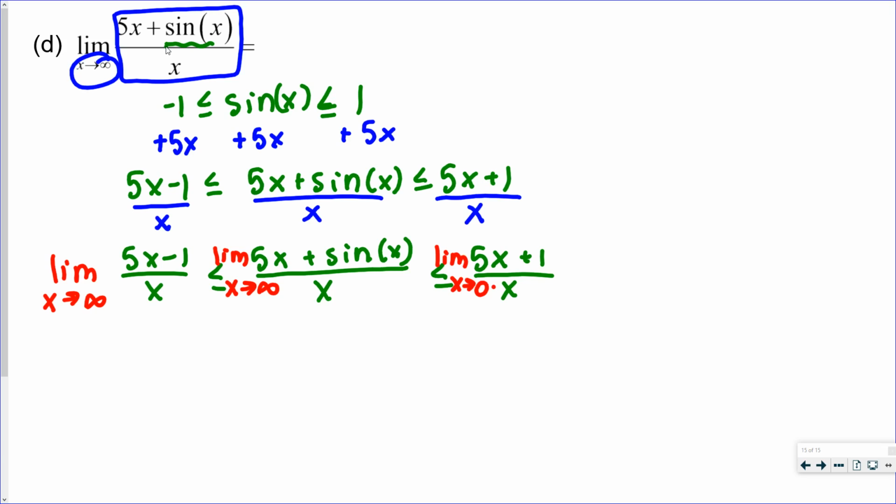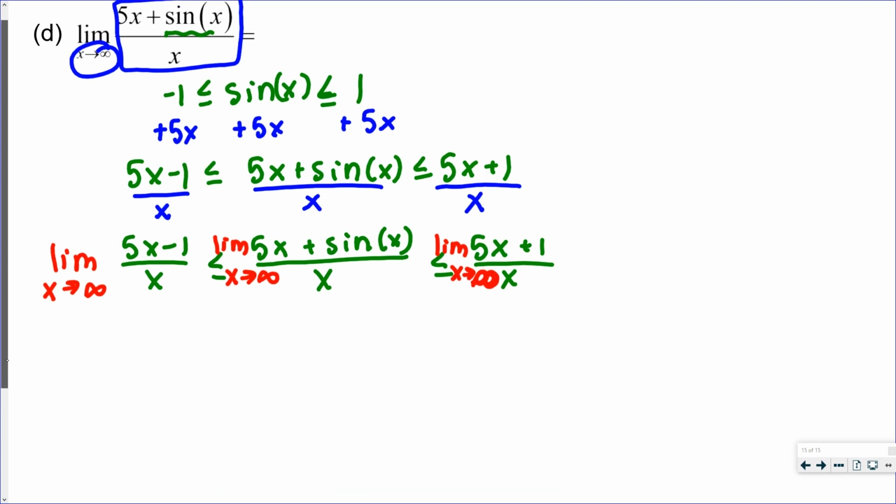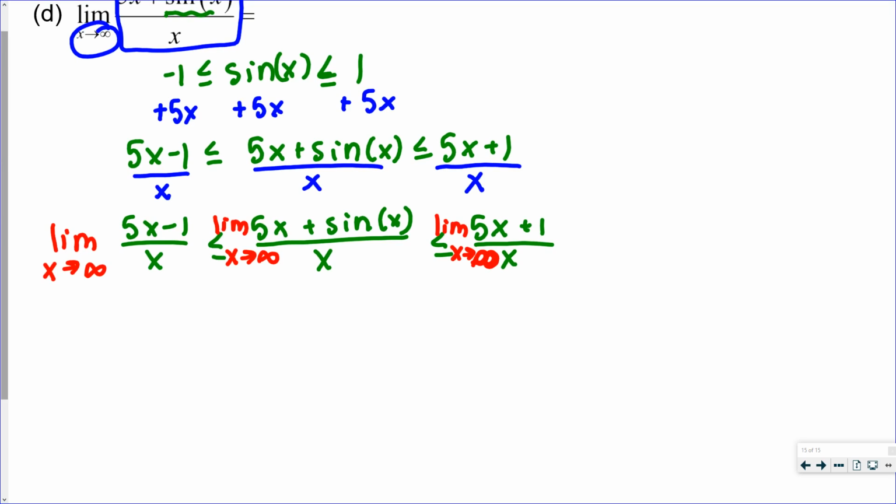Oops, I put 0 there. Okay. Here, we can just divide everything by the largest power in my denominator, which is just x. You want to write up here, we just times the top and bottom by 1 over x.